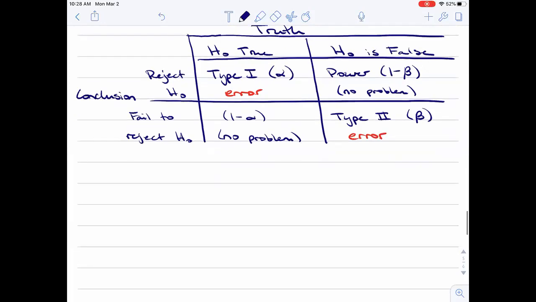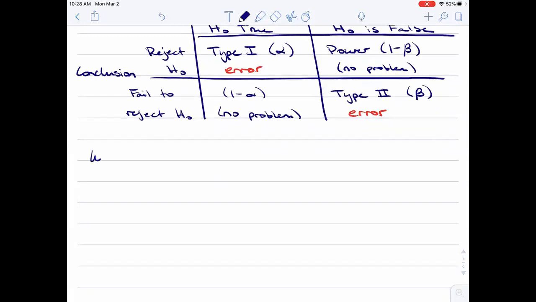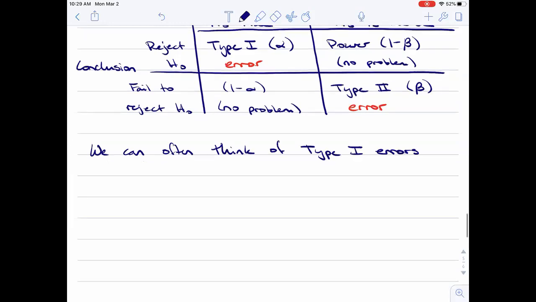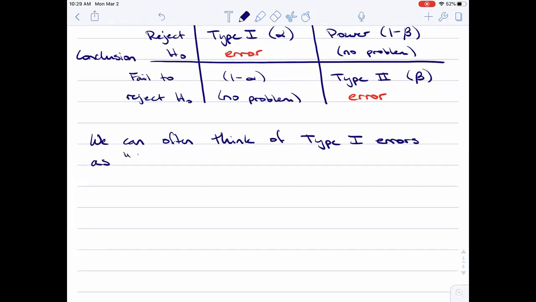There are situations where it doesn't quite work, but we can often think of type 1 errors as false alarms.